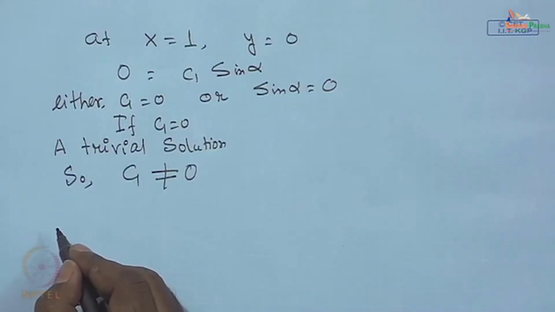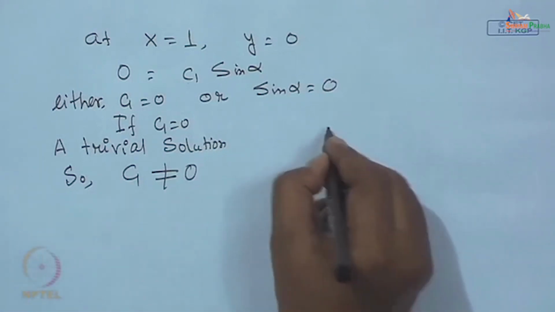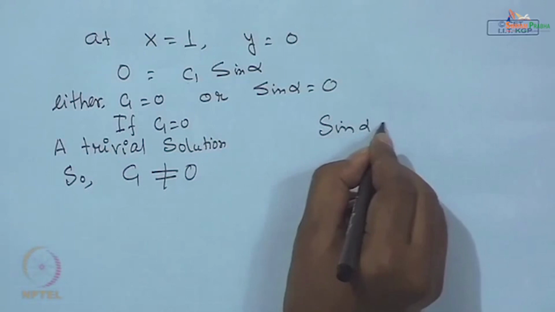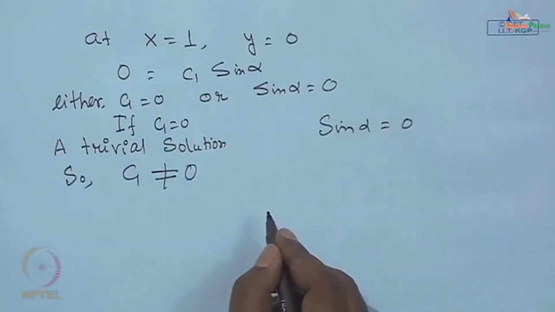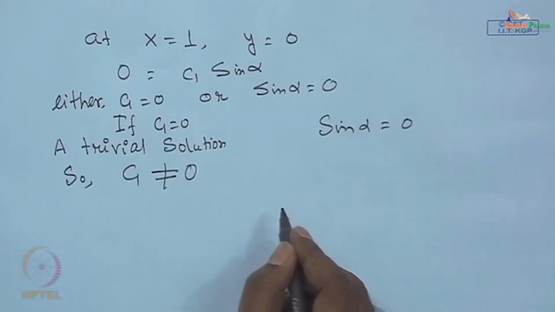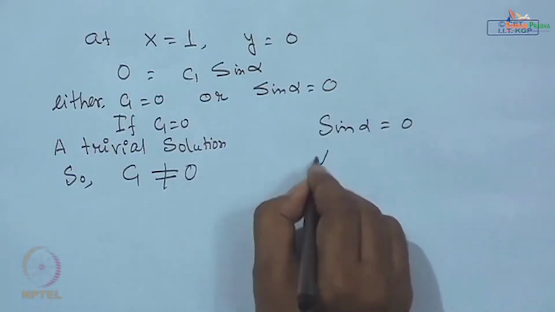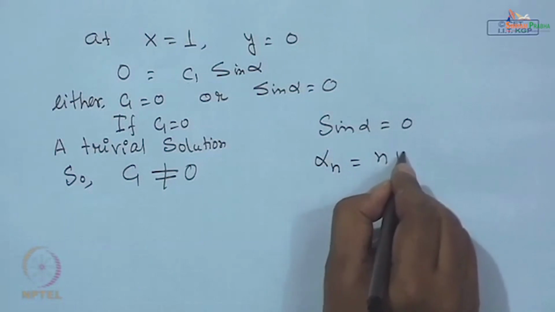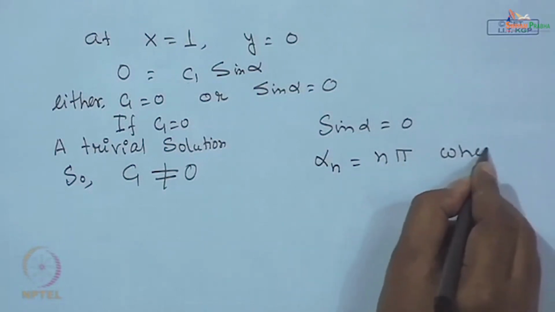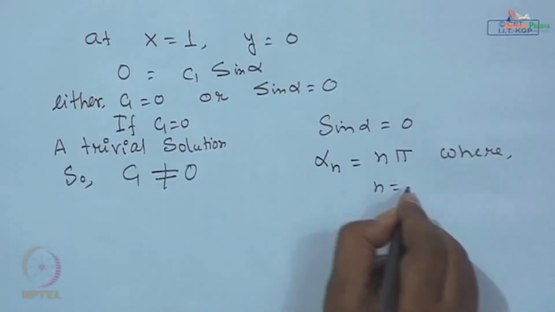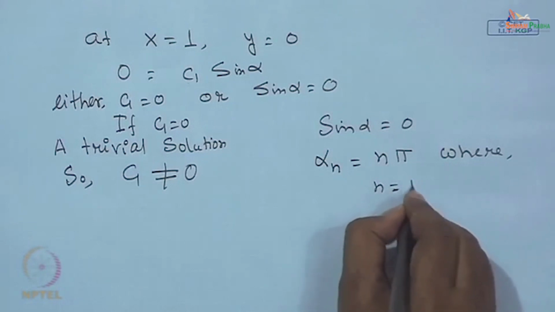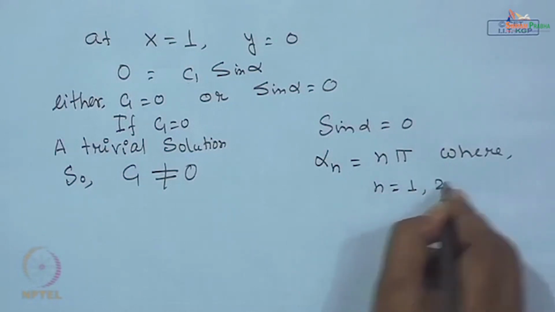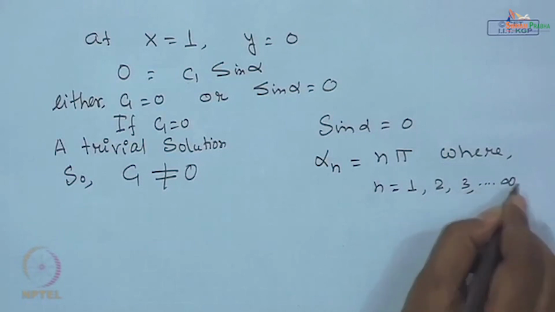So, what is the option left? The option left is sin alpha is equal to 0. If you look into the generic solution of sin alpha equal to 0, the alpha of this equation is alpha n is equal to n pi, where n varies from 1 to 3 up to infinity.